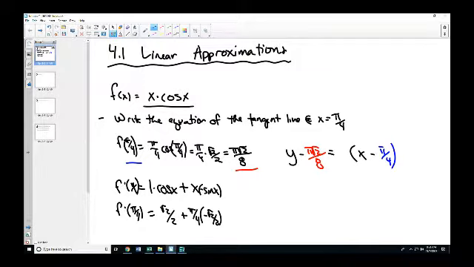Just write it like it is. Root 2 over 2 minus pi root 2 over 8 times x minus pi over 4.